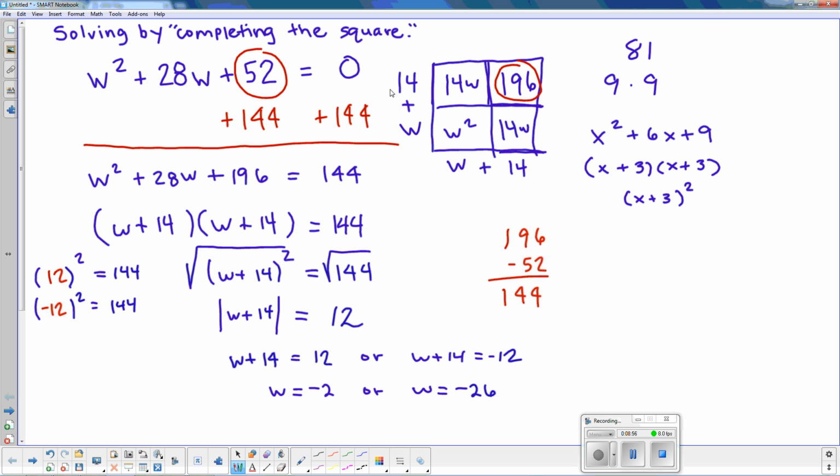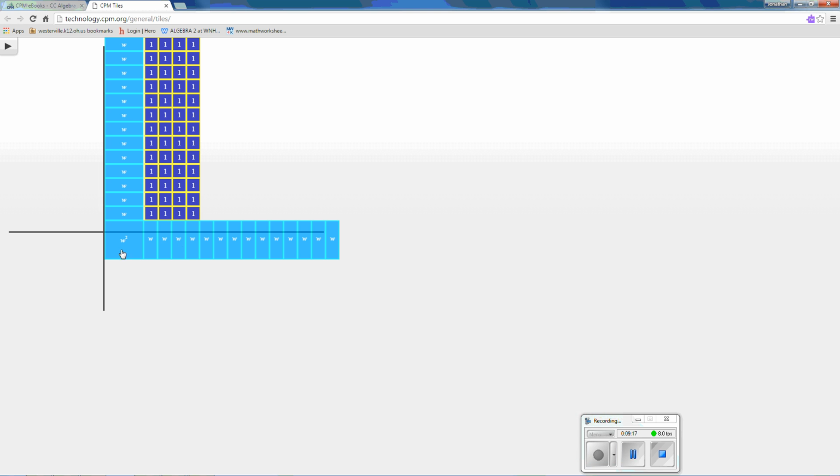But just to go back to your question, where does 144 come from? We have to make this into a perfect square trinomial. And in order to do that, if we have 28 w's in the middle, we know we have to split those in a generic rectangle, or if you're looking at the algebra tiles, you have to put half of them here and half of them here, which would then leave us needing 144 more single units here in order to fulfill this actual square, this diagram.